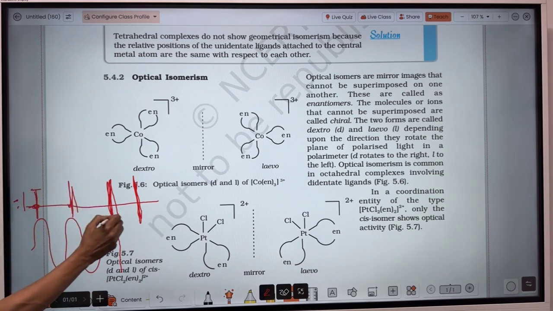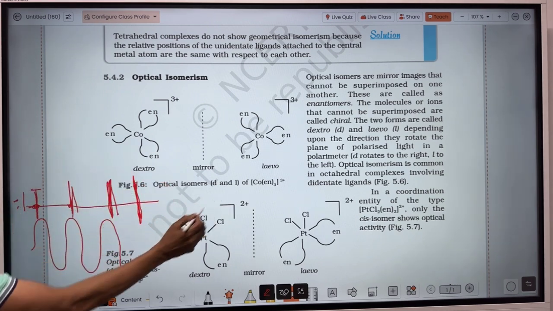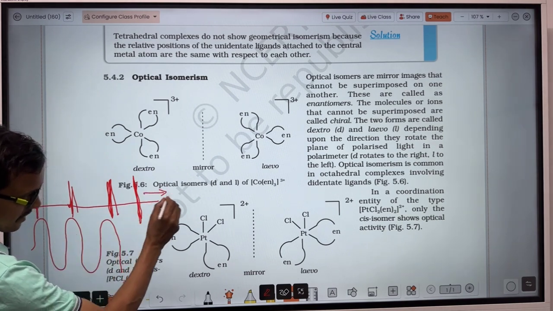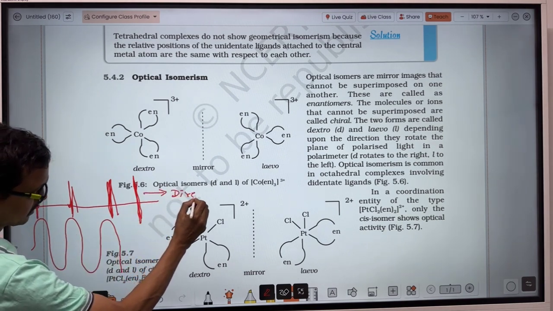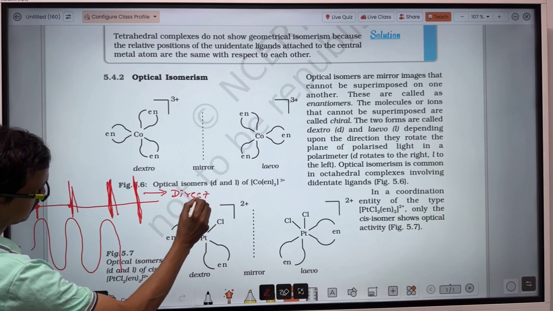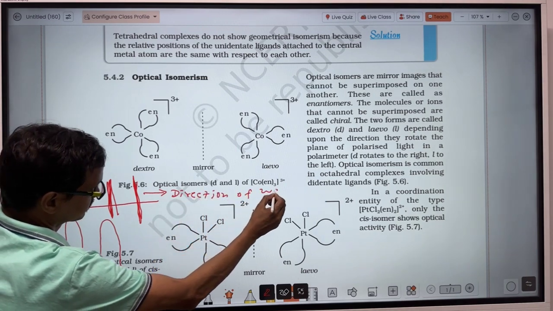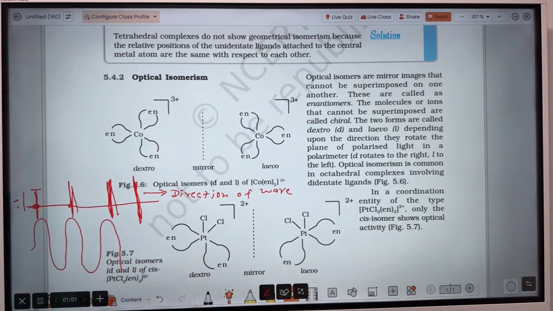In this manner, the wave will approach toward this side. So this is the direction of the wave, and the constituent particle is oscillating in this direction.